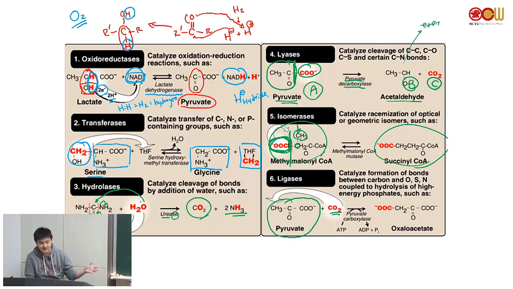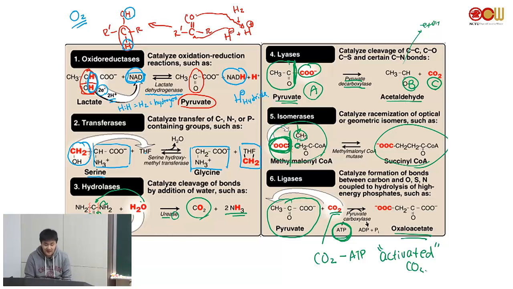Right? So in this case, I have to use the energy of ATP hydrolysis to provide me the power to then convert CO2 onto pyruvate, and then you generate this molecule called oxaloacetate. So basically, you can think of it as CO2 with the ATP, like activated CO2. And then this activated CO2 can then react with pyruvate, and you form this bond.